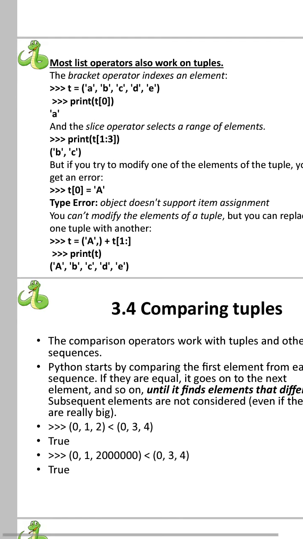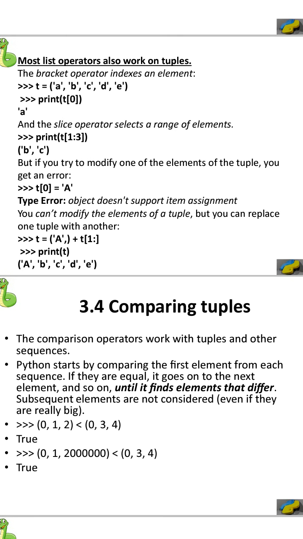Currently, our tuple has a small a at the 0th index, and I am trying to overwrite or modify it from small a to capital A. As I have stated, tuple is immutable. Due to that, we will get an error stating that the object doesn't support item assignment.